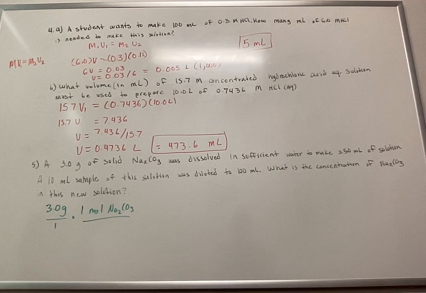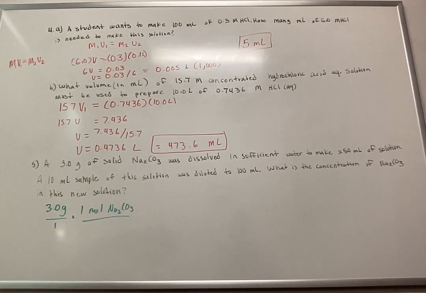Sodium weighs 22.99. There are 2 of those, which is 45.98. Plus the carbon, which is 12.011. Plus the 3 oxygens. Each oxygen weighs 15.999, or you can just round it up to 16.